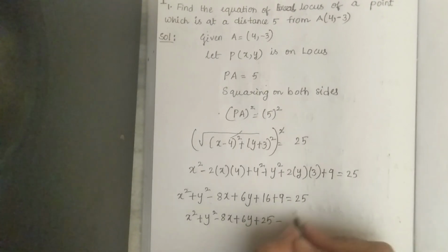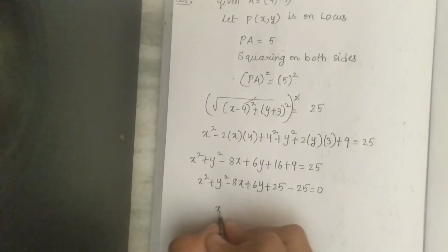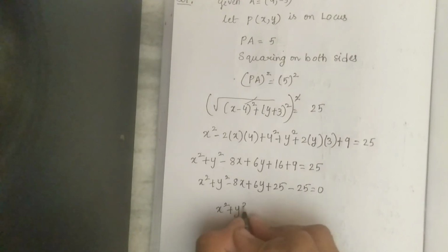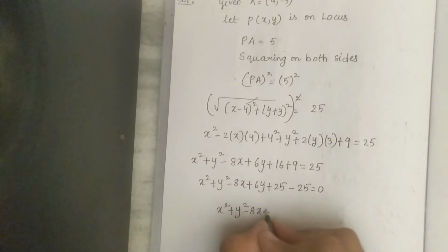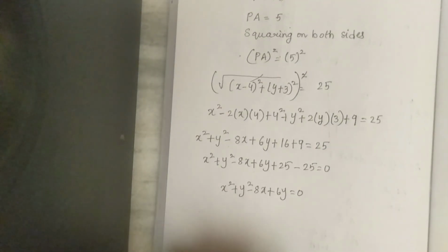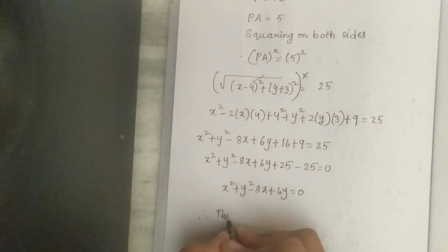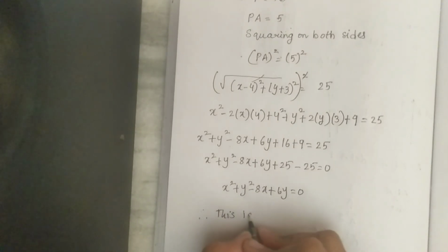So taking this term to this side, x square plus y square minus 8x plus 6y is equal to 0. So this is the required equation of locus. Therefore, this is the required equation.